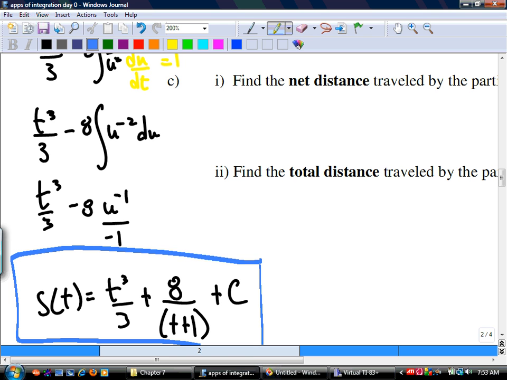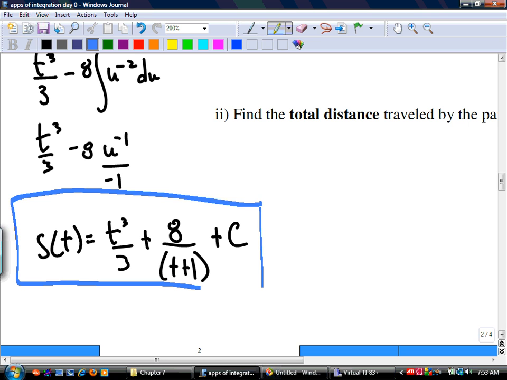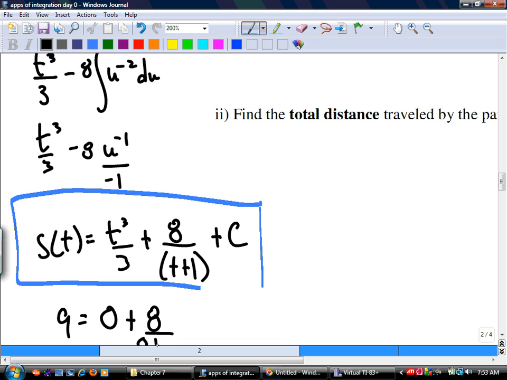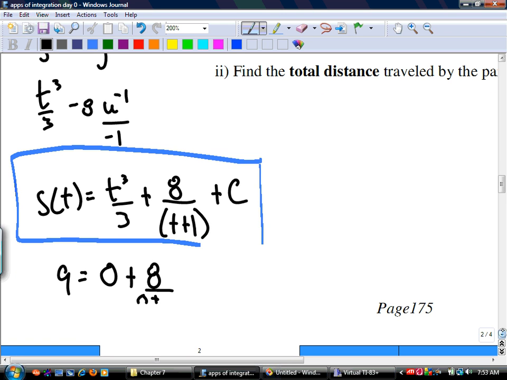So it tells you C, just not in the way you want it to. So s of 0 is 9. So 9 equals 0 cubed over 3 plus 8 over 0 plus 1, plus C. So it turns out C is 1.